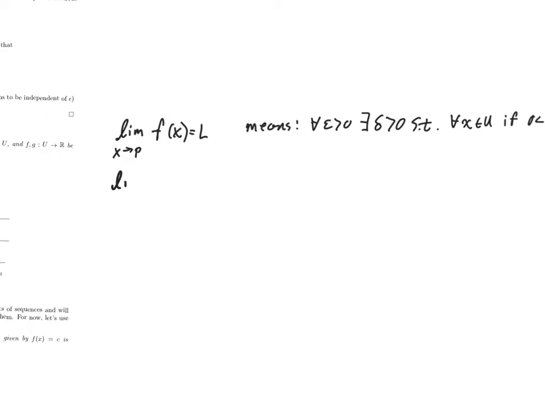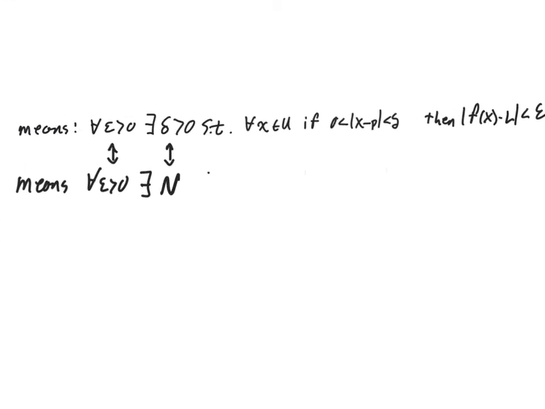On the other hand, the definition of the limit as n goes to infinity of a sub n equals L means: for all epsilon bigger than 0, so verbatim the same, there exists a big N, not totally dissimilar, such that for all n in N, that's a fairly reasonable analogy.